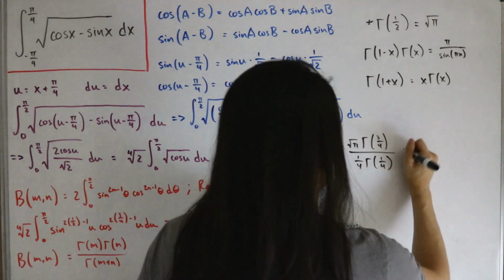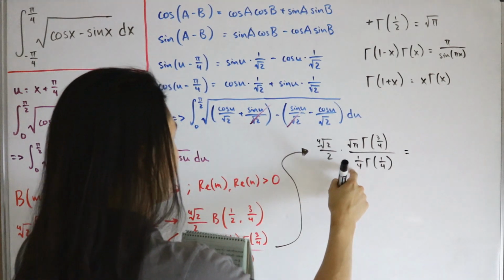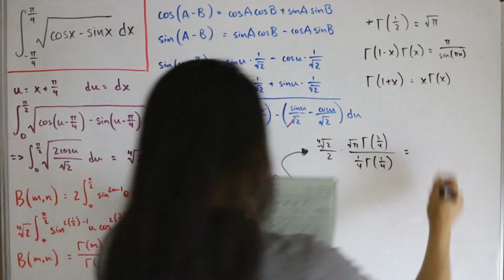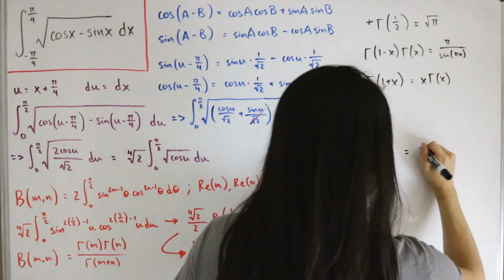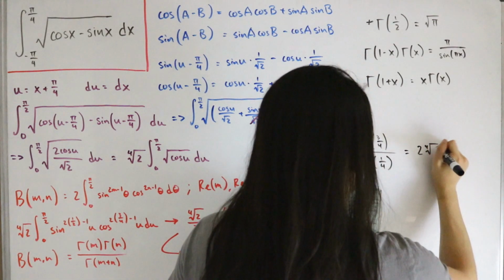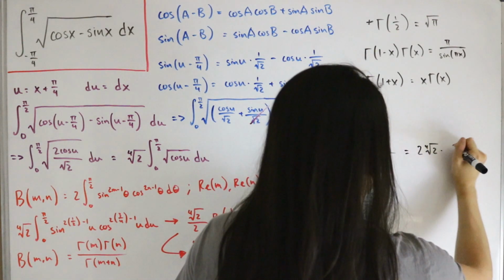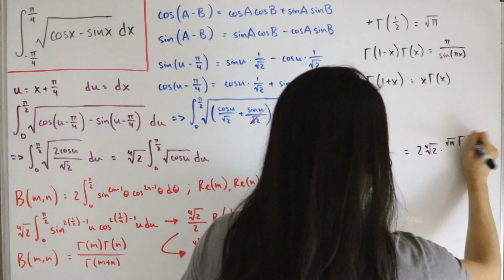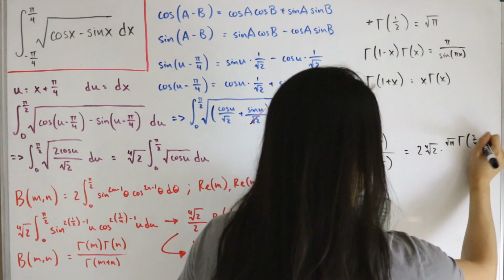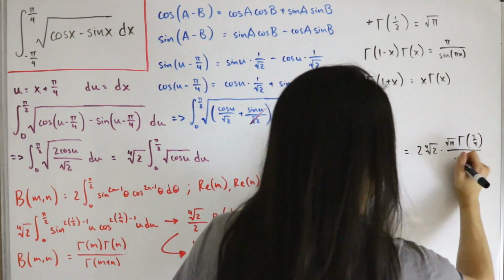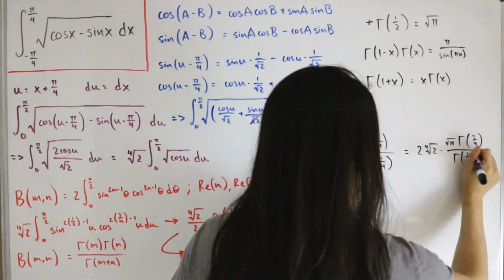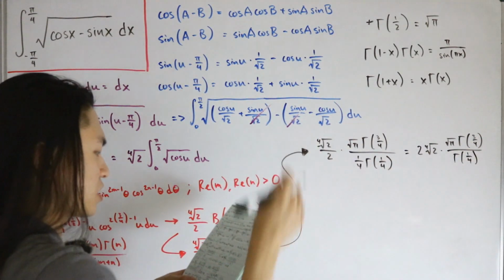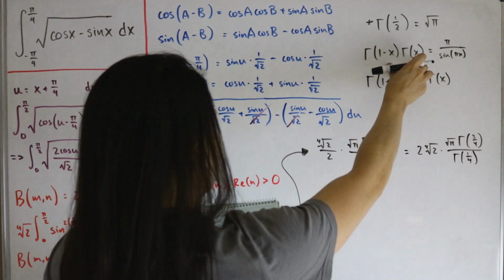Let me reduce this a little further. Putting it all together, I'm going to have 2 times the fourth root of 2, times the square root of pi, and gamma of 3 divided by 4 over gamma of 1 divided by 4 in the denominator. Now we can use Euler's reflection formula.